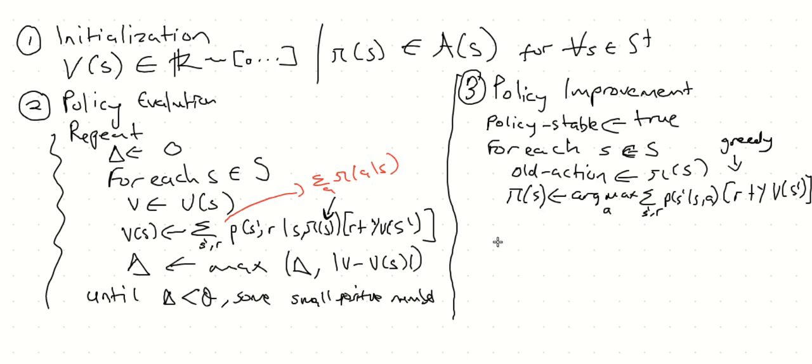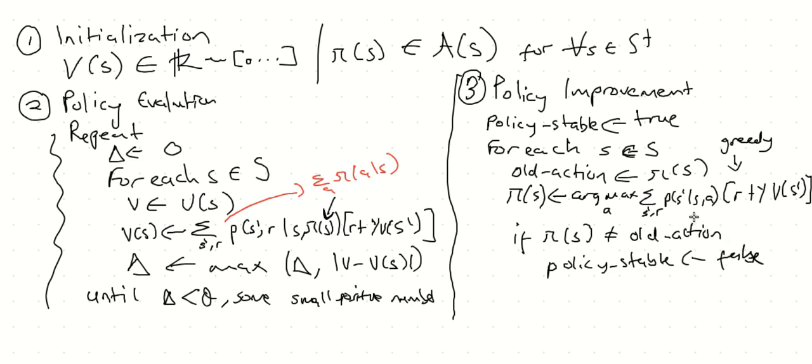Then after that, we make a check: if pi(s) is not equal to the old action, meaning that after computing this argmax we realize it's not the same as the old action, that means the policy is not yet stable. So we assign the Boolean policy stable the value false.